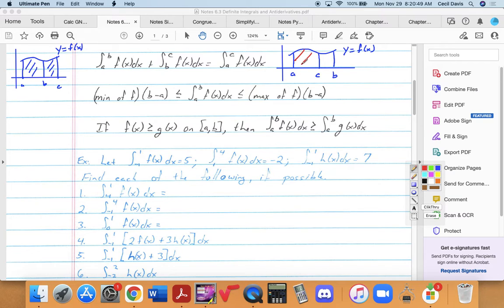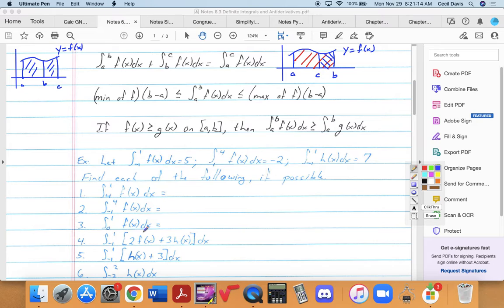The integral from a to b would be all of this area, right? The integral from b to c would be this area, but I'm going backwards from b to c, right? Therefore, it would be minus that part.